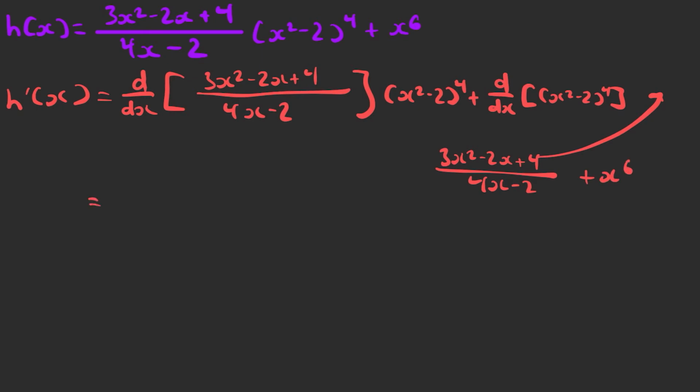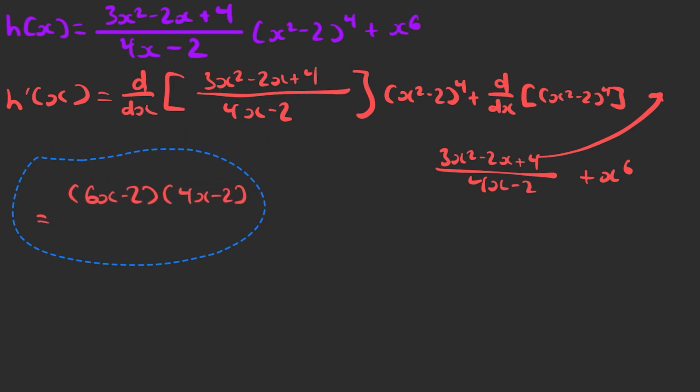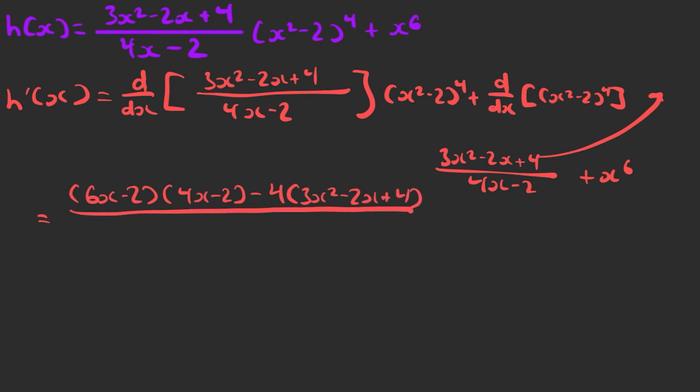So differentiating this by quotient rule, we have to differentiate the numerator, which will be 6x minus 2 multiplied by the denominator 4x minus 2, minus the derivative of the denominator, which is 4, times the numerator. And all this is multiplied by x squared minus 2 to the power 4, and then it's divided by 4x minus 2 squared.